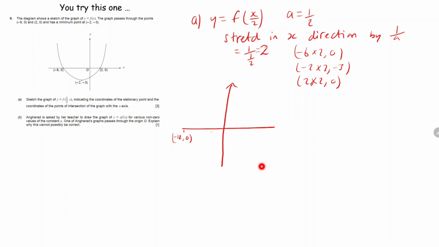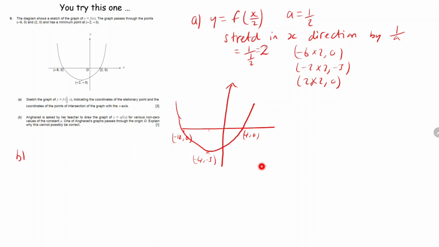We've got minus 2 times by 2, so minus 4 and minus 3. And then finally 4 and 0. And again, we end up with that stretched out graph in the x direction.